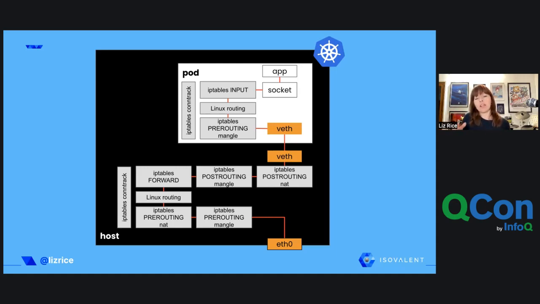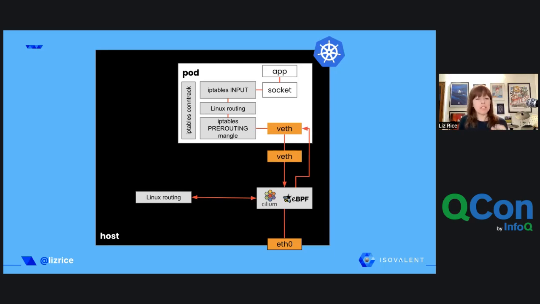Now, if we use eBPF, and particularly if we know about Kubernetes identities and addresses, we can bypass that stack on the host. When we receive a packet on that F0 interface, if we already know that IP address is associated with a particular pod, we can essentially do a lookup and just pass that packet straight to the pod, where it then goes through the pod's networking stack, but doesn't have to go through all the complication of everything happening on the host's networking stack.